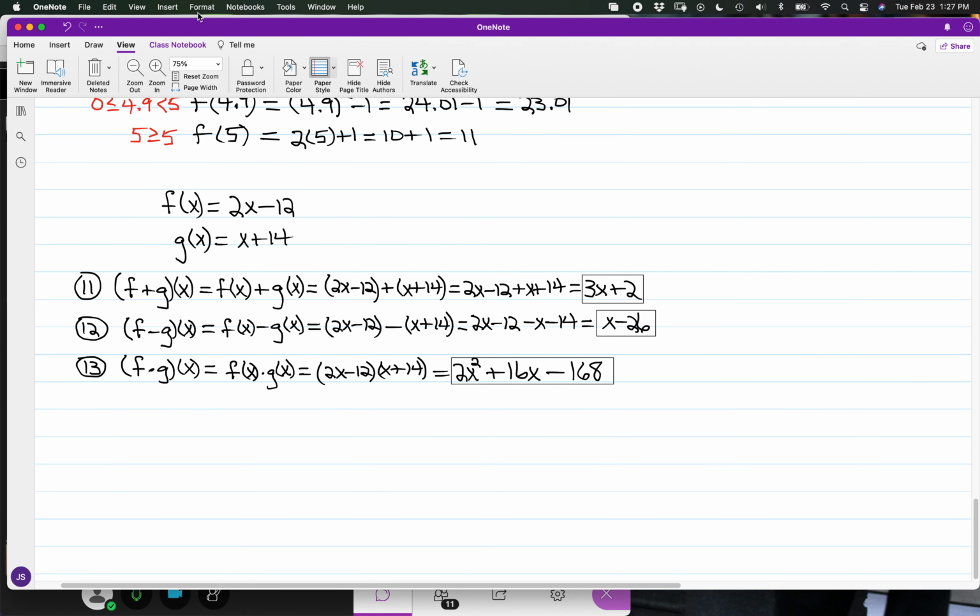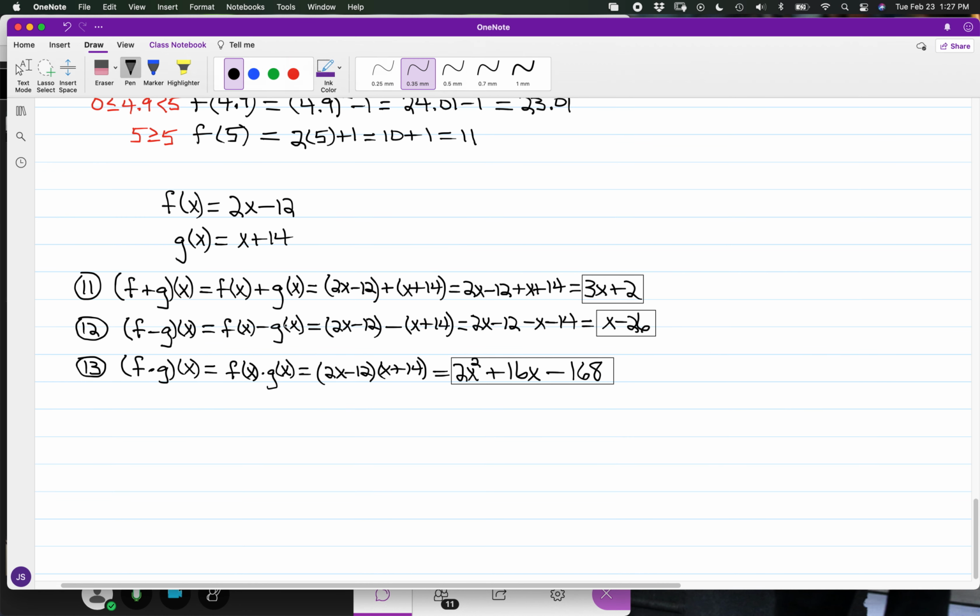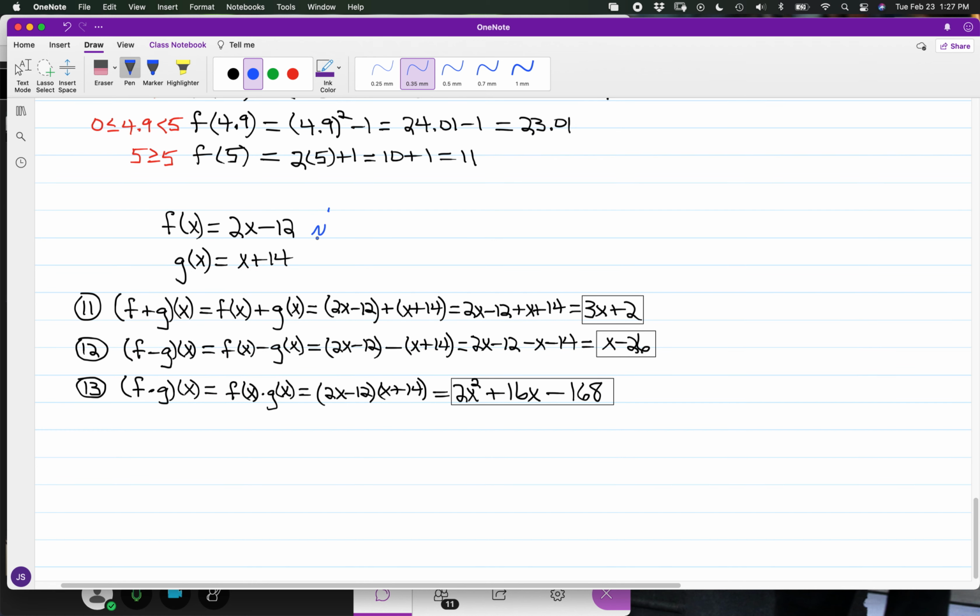Okay, and now again, the domain of the sum, difference, and product functions will be on the basis of the combined restrictions from the immediate functions involved. Now for f of x and g of x, okay, these have no restrictions. And g of x, again, has no restrictions.